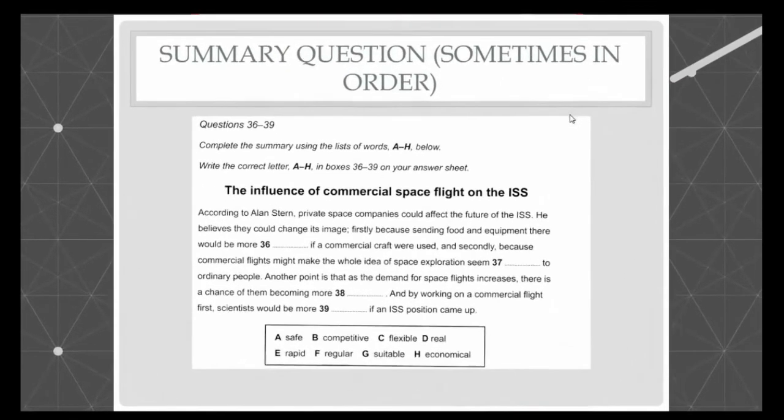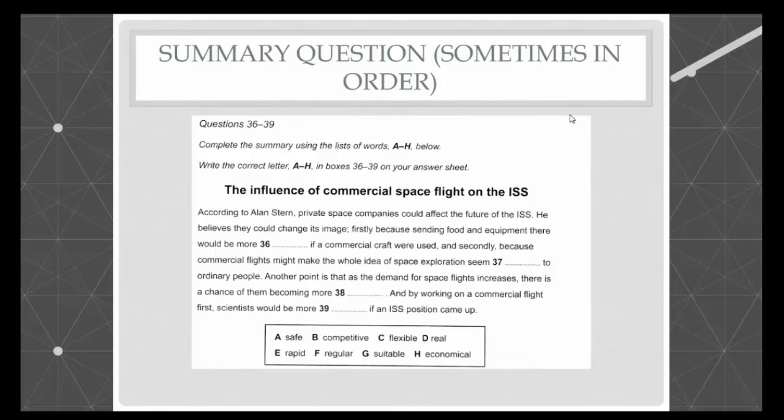Next, we have our summary question. Sometimes it goes in order. It kind of depends on which reading passage you have this question in. If this question is in reading passage number 3, most likely it doesn't really go in order. If it's in reading passage 2, maybe it does. If it's in reading passage 1, which is rare, then it probably goes in order. But you can have this question 2 different ways.